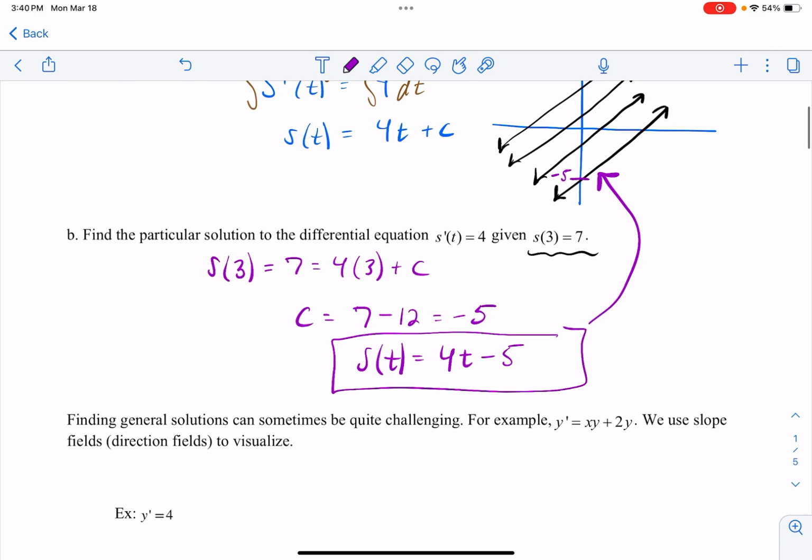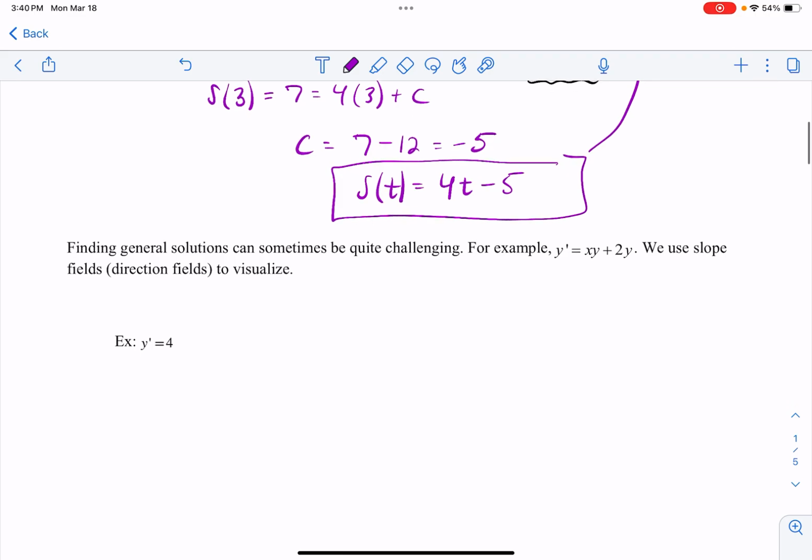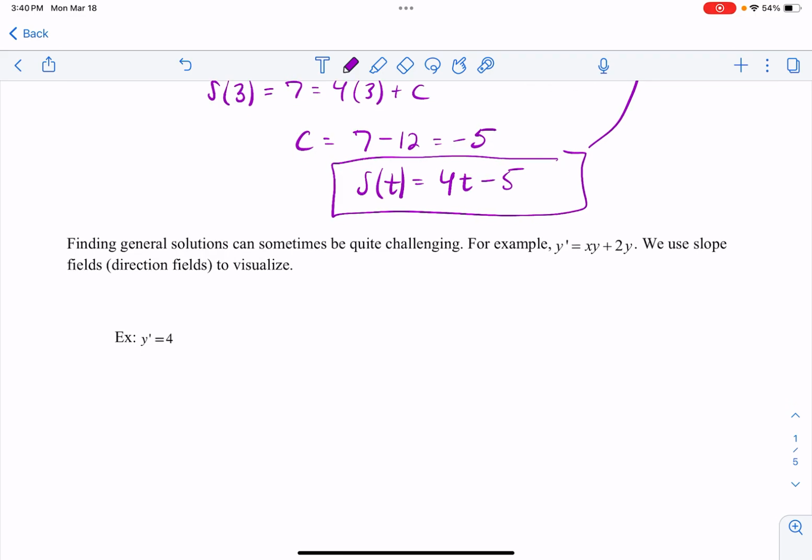Okay, the last thing we're going to talk about, finding general solutions can sometimes be challenging. And if you think about it, right, if you're given this differential equation, dy dx is equal to xy plus 2y, and it's like, okay, great, integrate both sides.